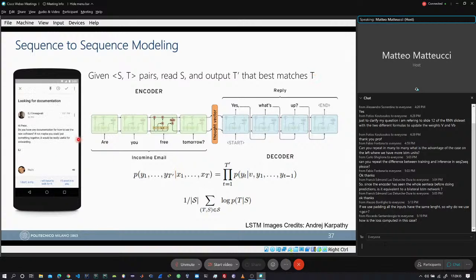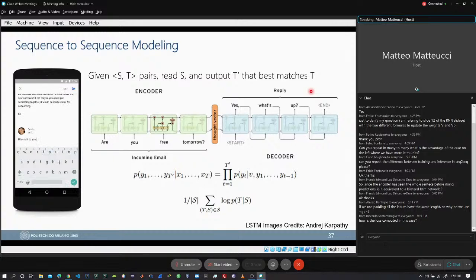So, for instance, in a question answering task, you get: are you free tomorrow? Then you have the start. The desired answer is: yes, what's up? And the target answer should be yes, what's up? So you can imagine the prediction problem as a classification problem along a sequence.